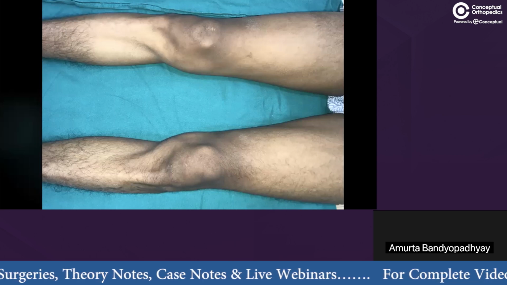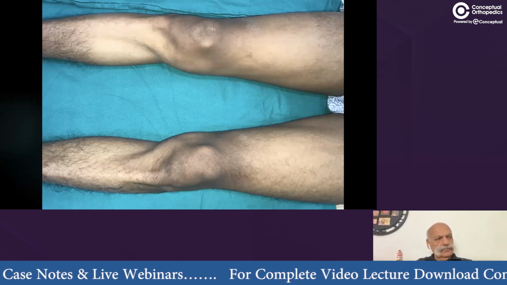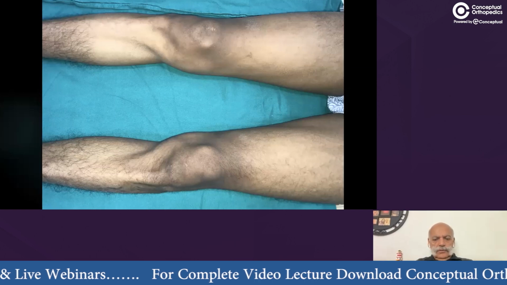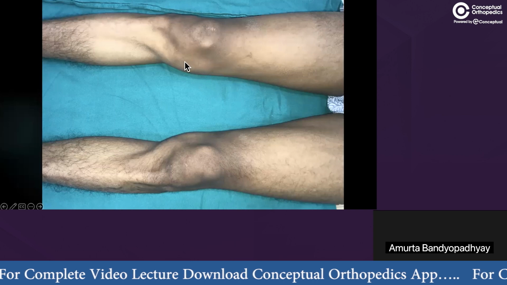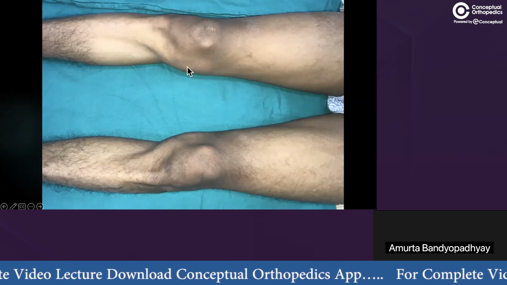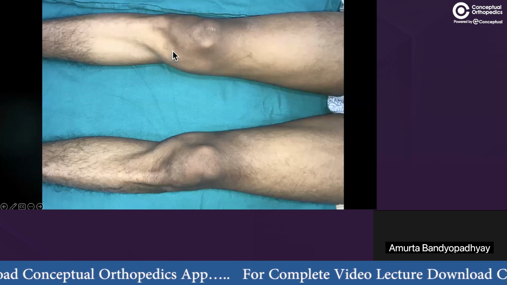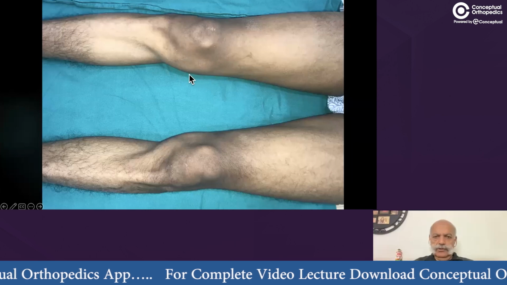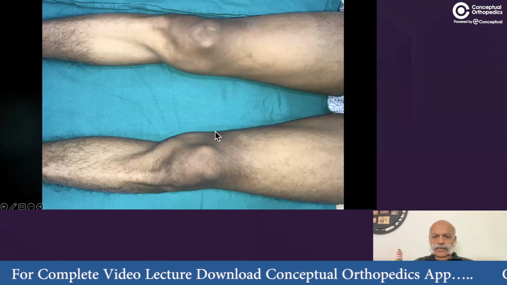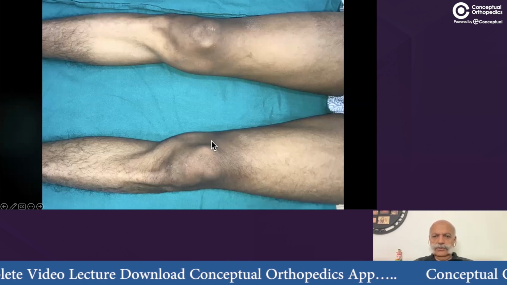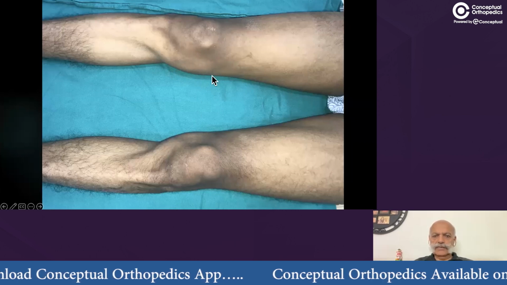Sir, where do you think is the swelling? The medial aspect of the knee is very much comparable, but there appears to be a small swelling on the medial aspect of the knee. Yes, sir. This is the area which was pointed out by the patient, the area of the cursor. And you can see that in comparison to this area, definitely there is a fullness.